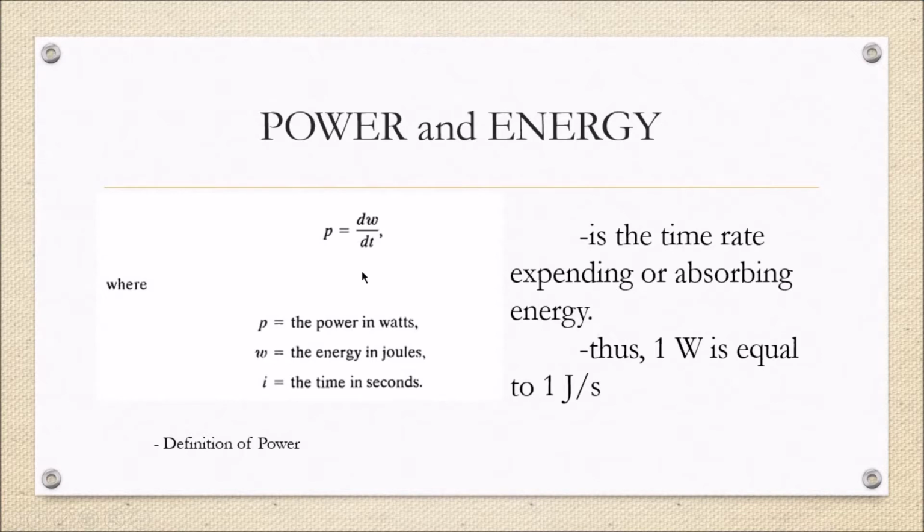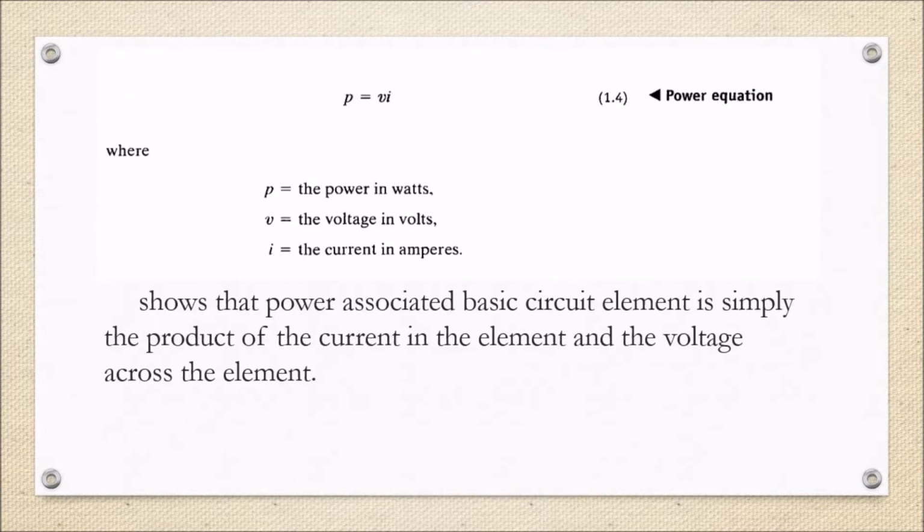And the formula of power is equal to energy over time. 1 watt is equal to 1 joule per second, which is the formula for power.